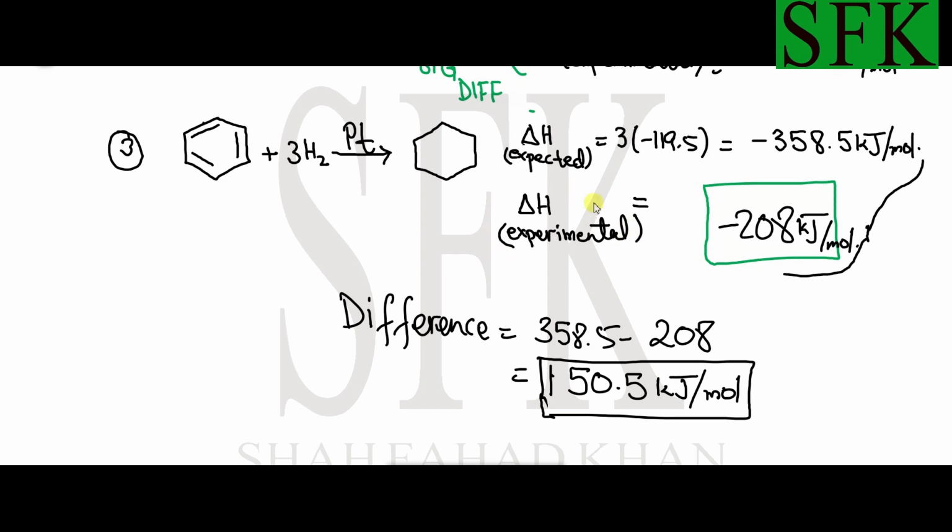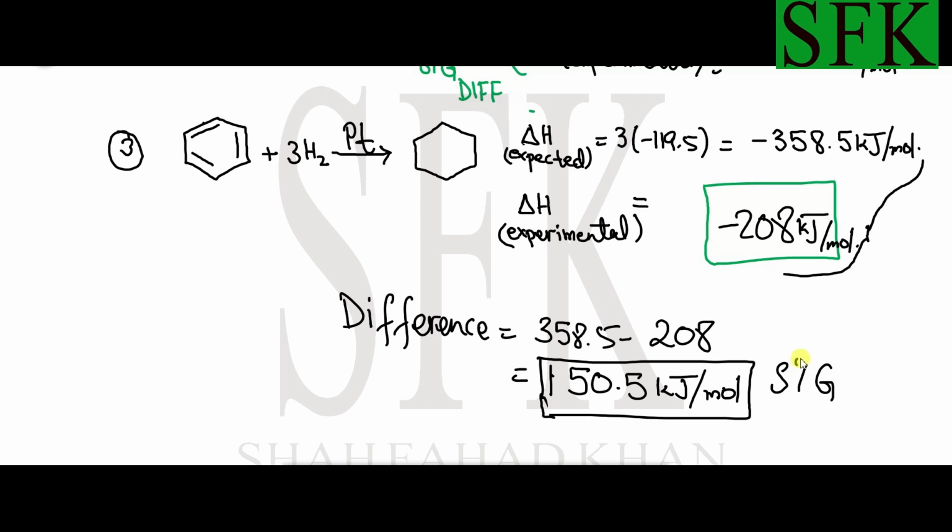This was very surprising because the experimental enthalpy turned out to be very, very low compared to the expected one. It turned out to be minus 208 kilojoules per mole, and the difference in the two energy levels is very big. It's 150.5 kilojoules per mole, and this difference is significant.